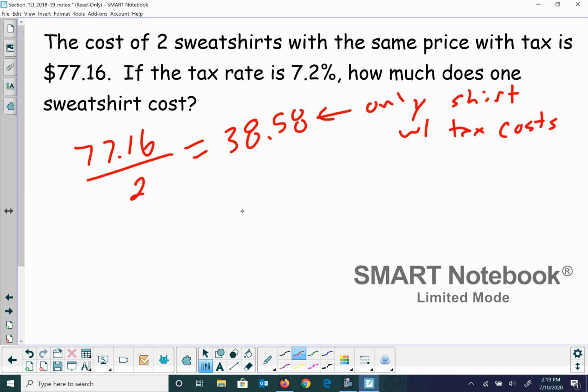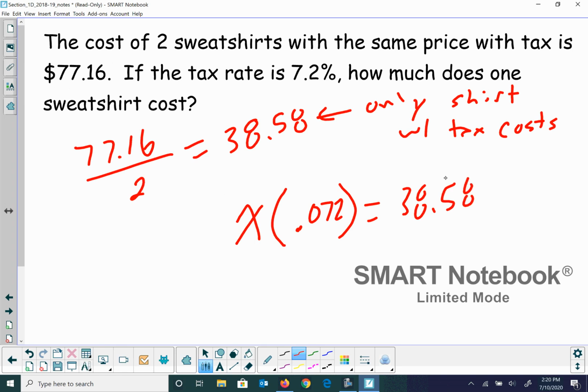So we have the cost of a shirt being x. If I were to multiply it just by 0.072, that would just tell me the tax amount, so there's no way to work this out to get that. So does the shirt cost more because of the tax?